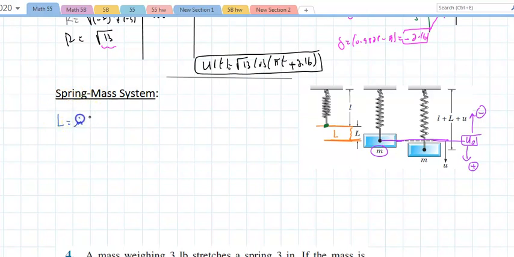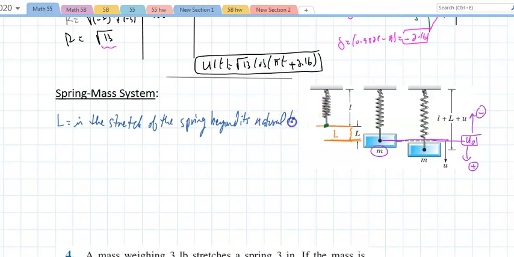This is the stretch of the spring beyond its natural length. We did this already. We worked on this already.